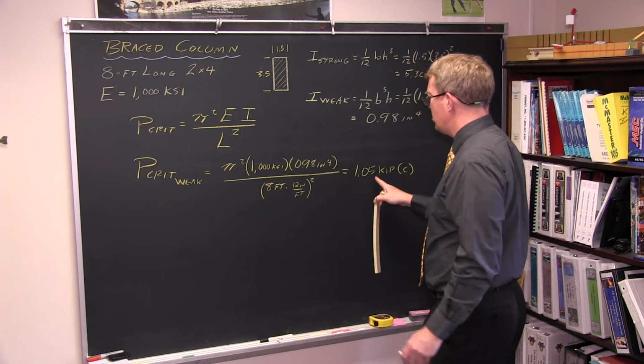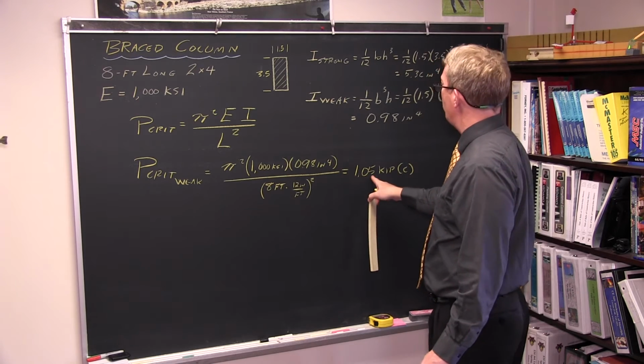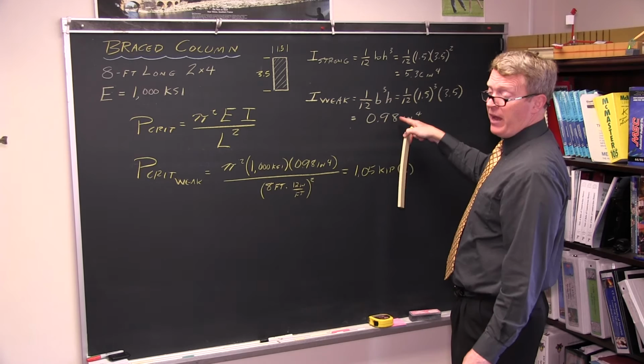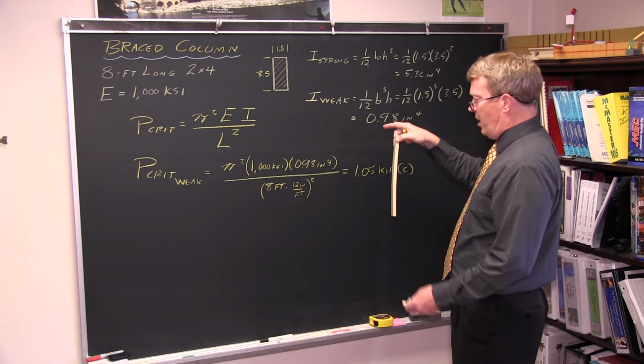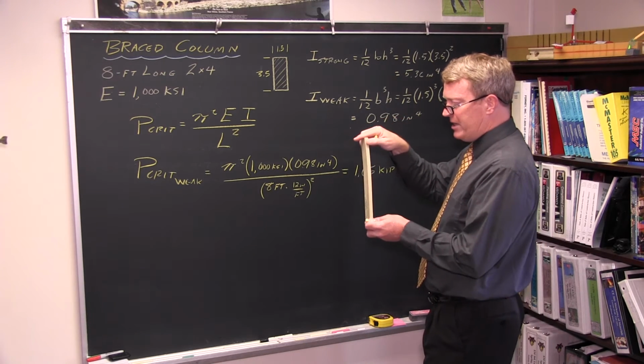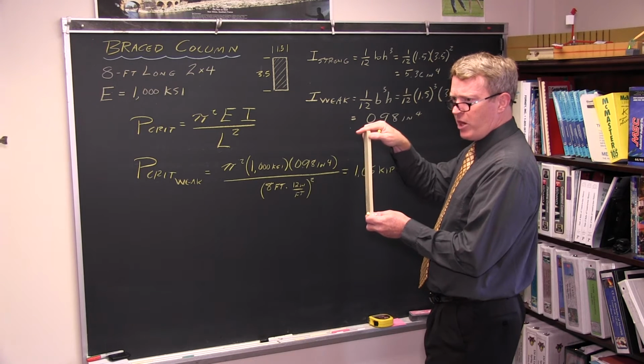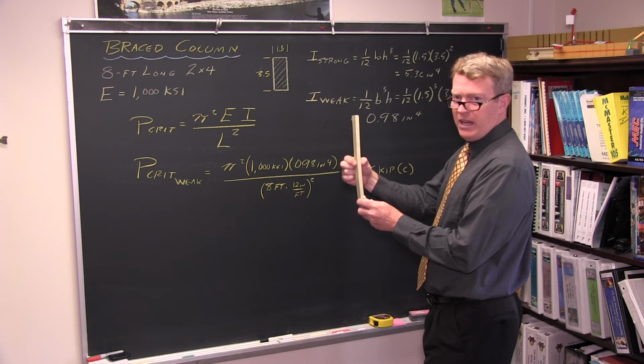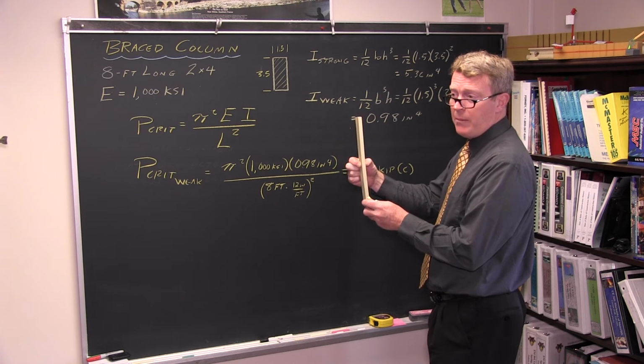So, how can I push this number up? We know that this number is roughly 1/5 of the capacity in the strong direction. So I can pick this up by bracing the column in the center. And which direction am I going to brace it? I'm going to brace it in the weak direction by grabbing hold of it right here with another structural member perhaps.